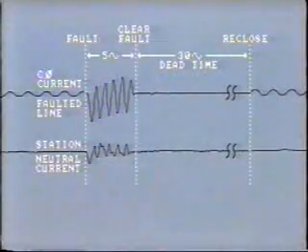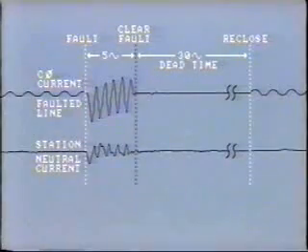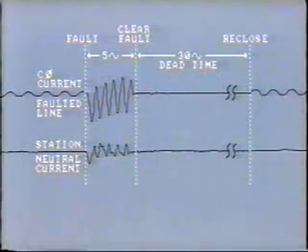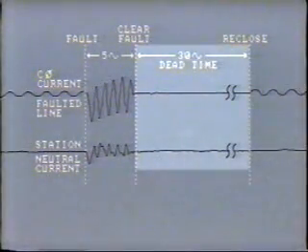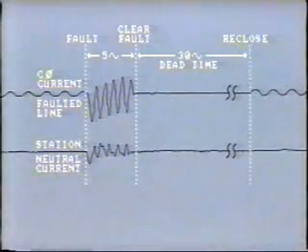After about 5 cycles, breaker number 1, protecting the faulted line, trips to clear the fault. There are about 30 cycles of line dead time before breaker number 1 recloses. Like most faults on overhead lines, this one was transient in nature.